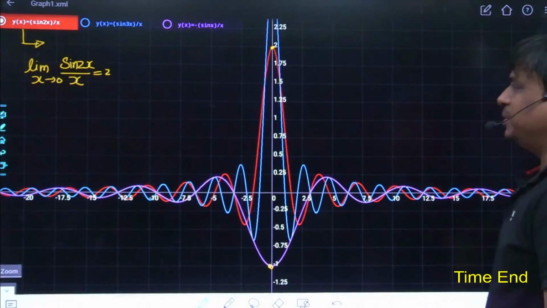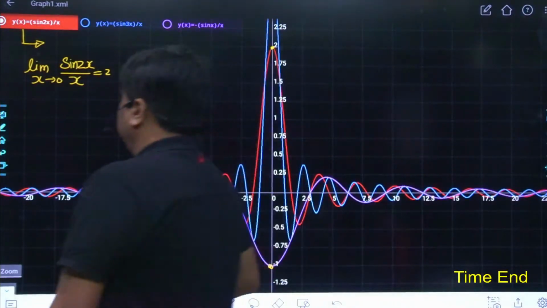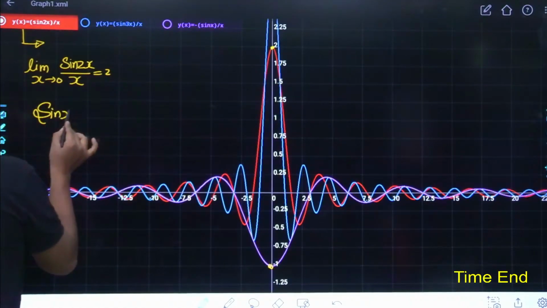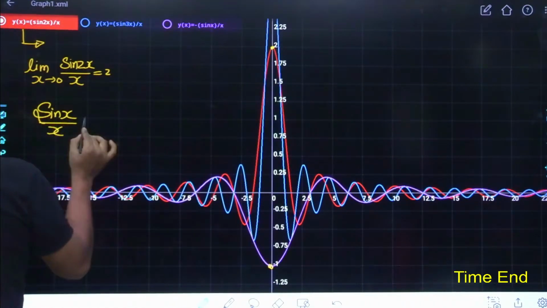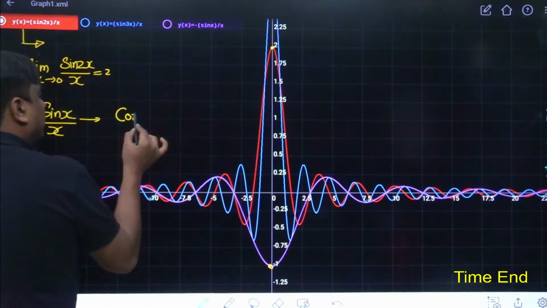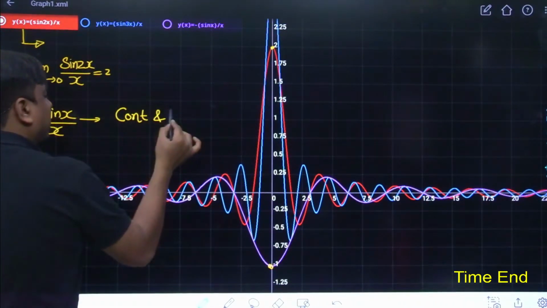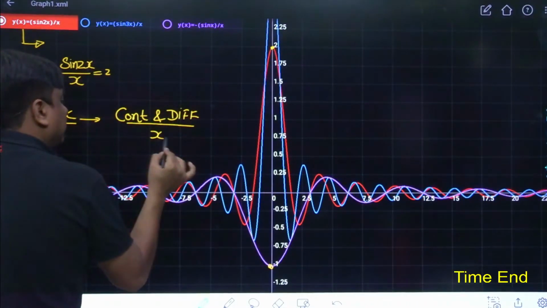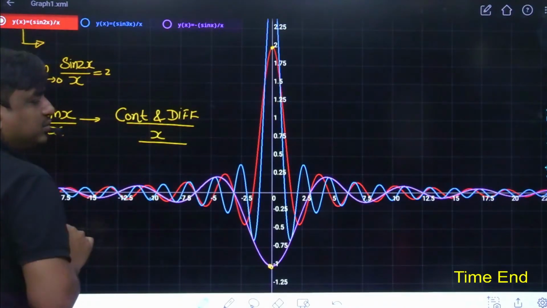But one thing is quite sure, if you are dealing with functions like sine of x over x, it is going to be a continuous and differentiable function in the entire region of x. You can see very well, in the entire region of x.